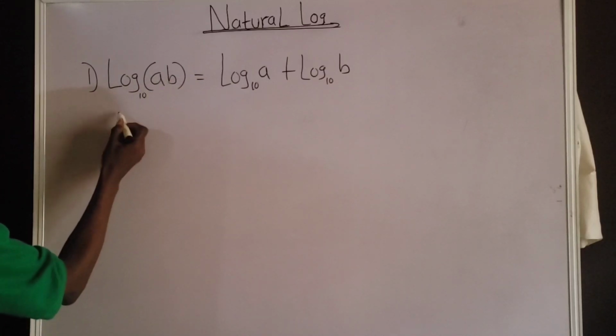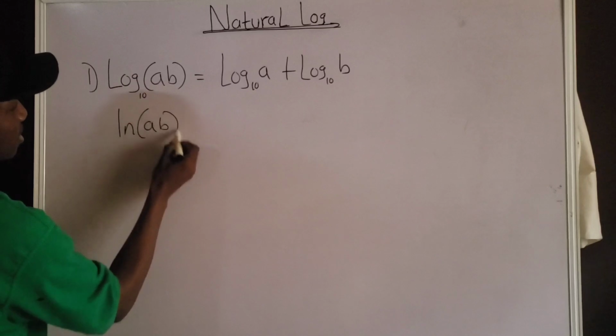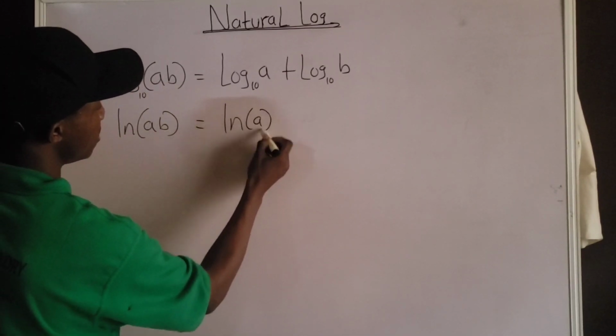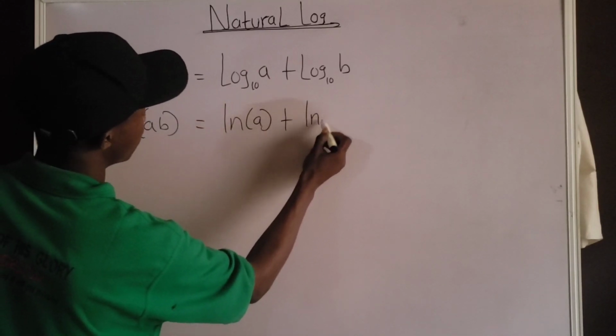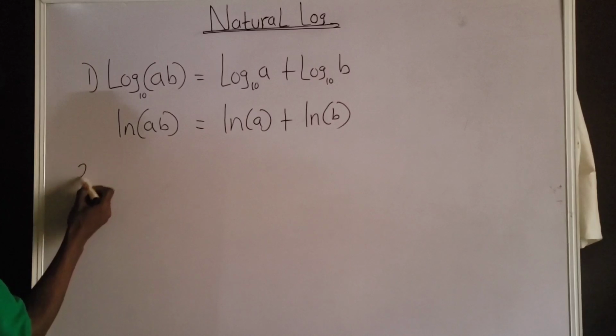When we have a natural log of the product of A and B, this can also be written as natural log A plus natural log B. You understand? Okay, let's proceed to the second law.